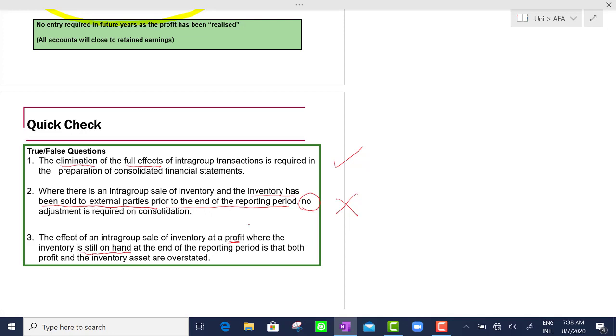So it says both profit and the inventory asset are overstated. So it is correct. Once the intercompany sale is made at a profit, the profit is overstated. And since the inventory has not yet been sold to external customers, the inventory is also overstated. So both the profit and the inventory have been overstated.